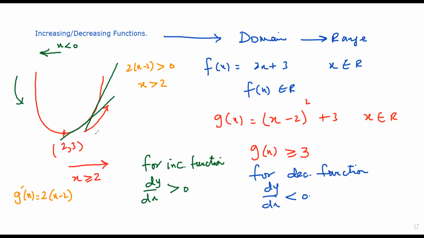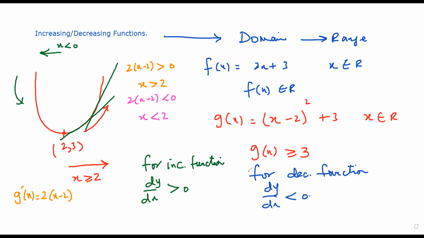And if you want to determine the values of x for which your function is decreasing, you put the same gradient less than 0. This 2 into (x minus 2) will be negative, and you will get x less than 2. So the function is decreasing for values of x less than 2, and increasing for values more than 2.